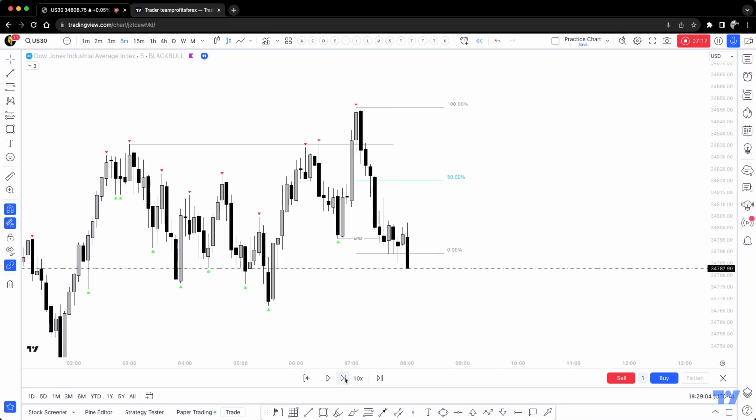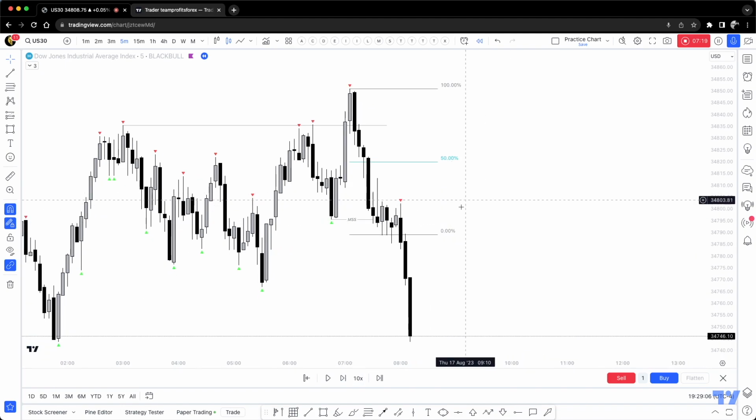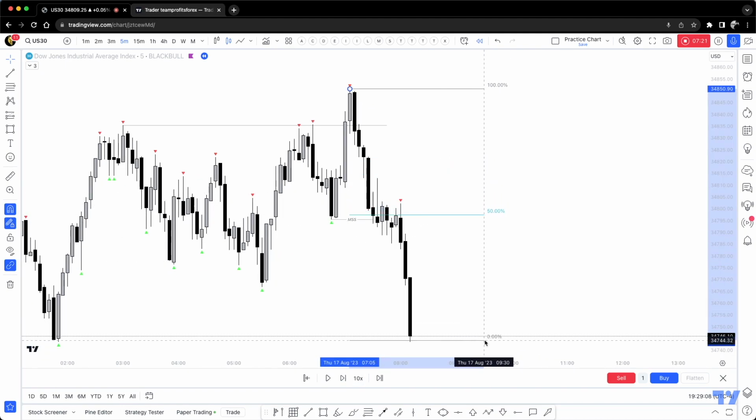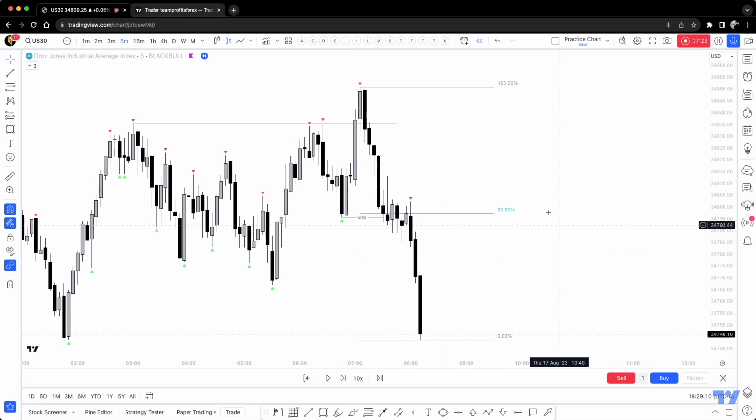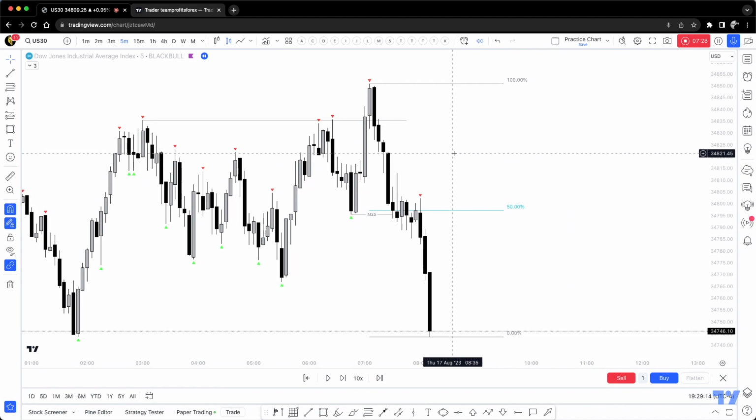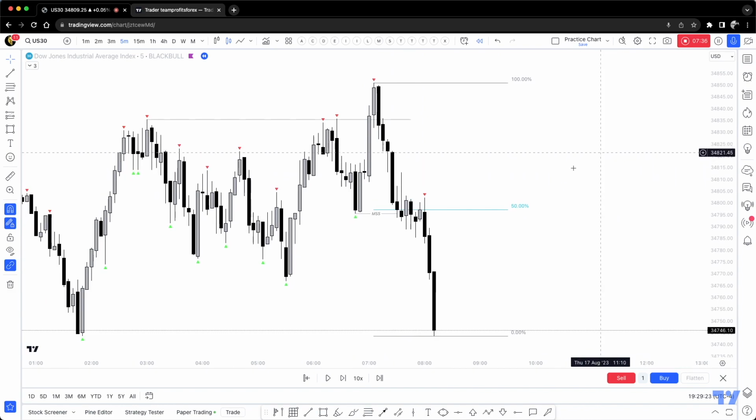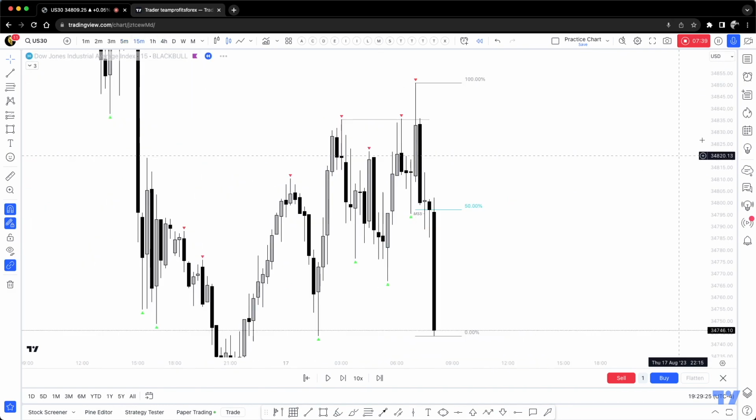Is it going to create another low? All right, continue melting. Yeah, look at that big meltdown right there. Probably this was the fair value gap that got mitigated. But if you look at it, let's go back to the 15.